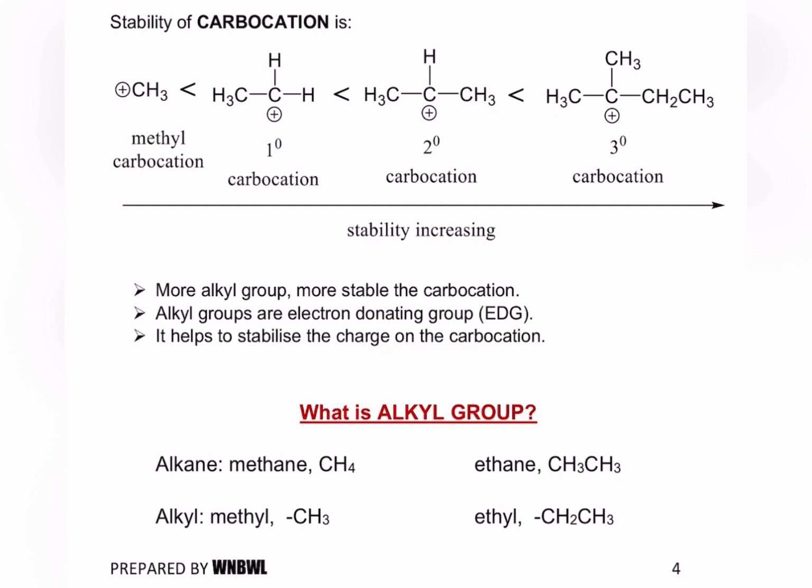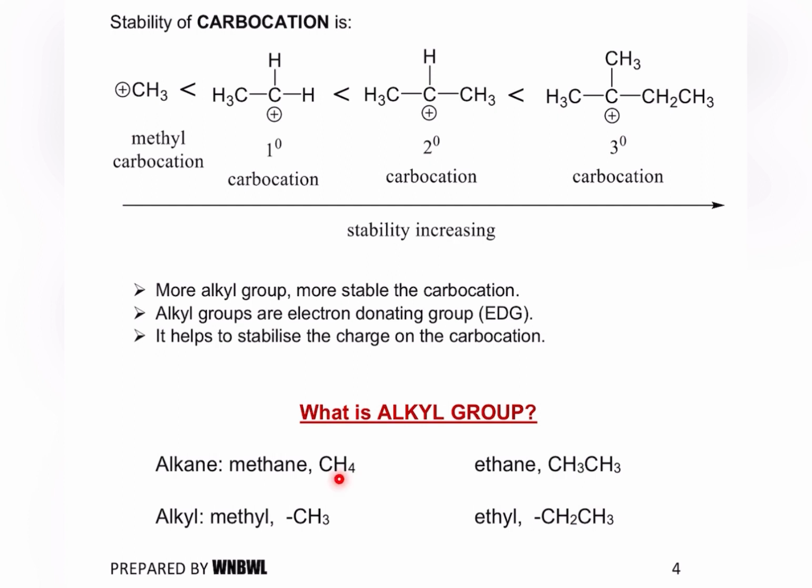So what can we conclude from here? The presence of alkyl groups in your structure, whether free radical or carbocation, is very important. So how do you know whether that form is an alkyl group, how do you determine the structure of an alkyl group? I'll give you a few examples. You know that alkane, one example of alkane is methane, with the chemical formula CH4.